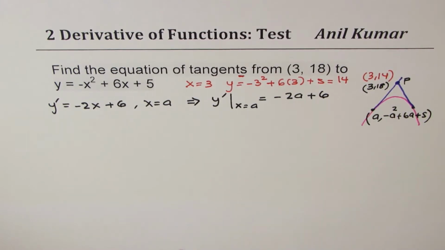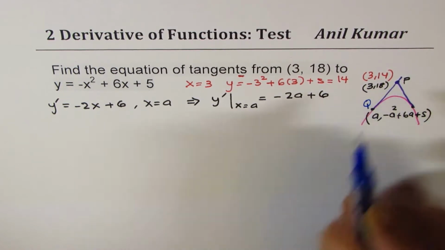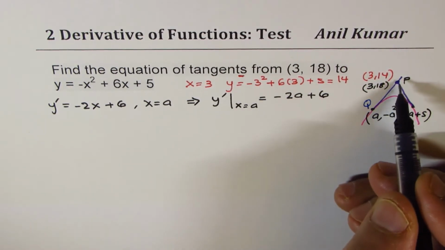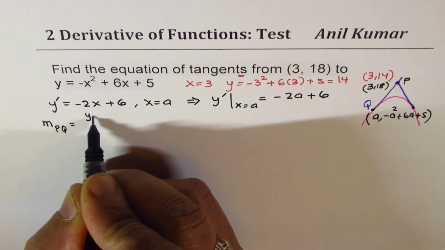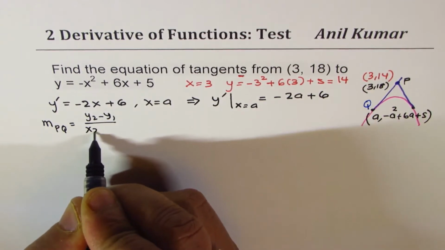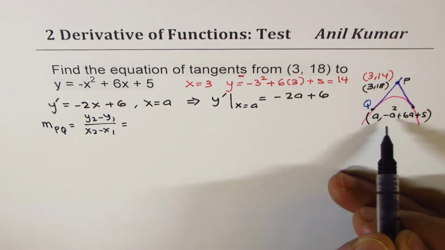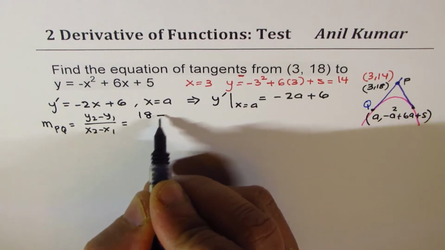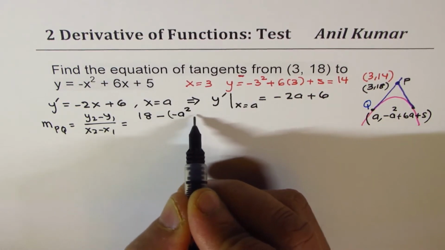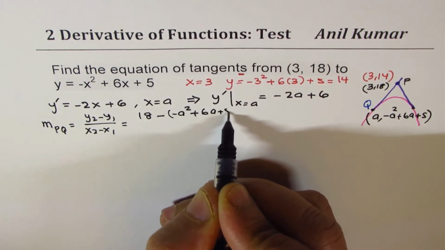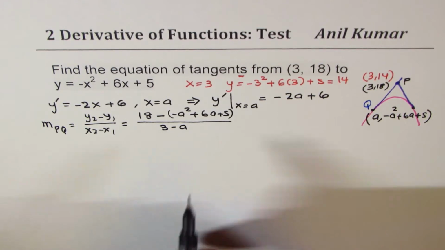If I call this my P, (3, 18), and that's my point Q, which is on the parabola, in that case, what is the slope of PQ? Let's find the slope of PQ with the formula y2 minus y1 over x2 minus x1. y2 minus y1, we can say 18 minus all this, which is minus a squared plus 6a plus 5, divided by 3 minus a, correct?